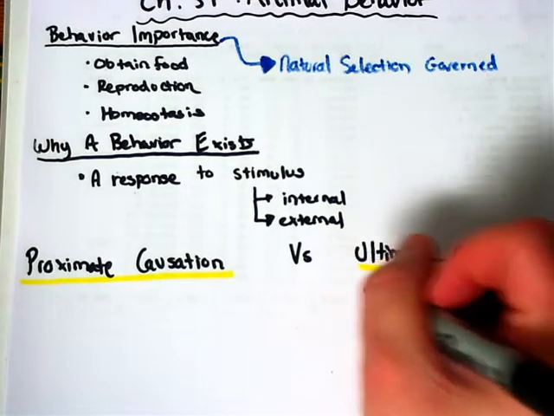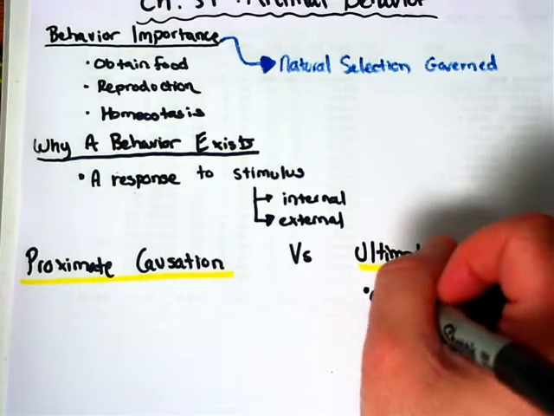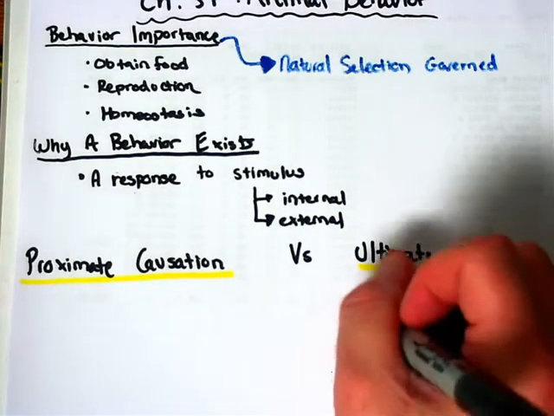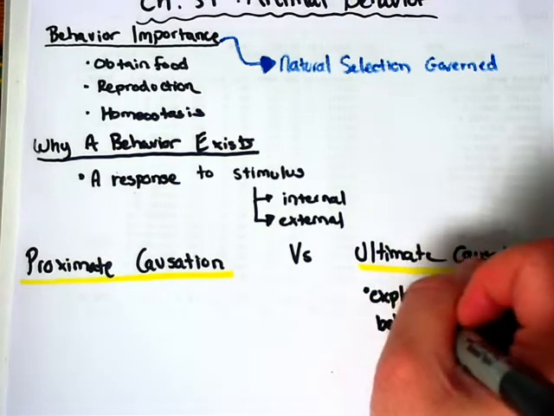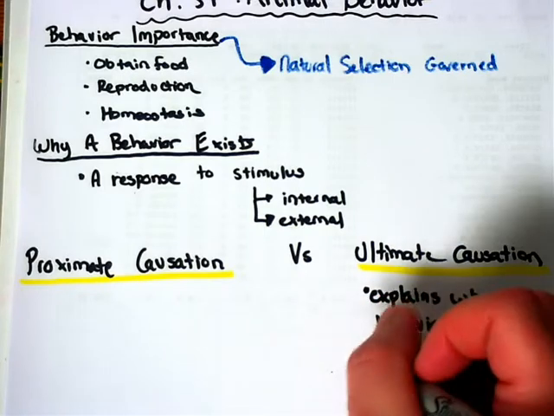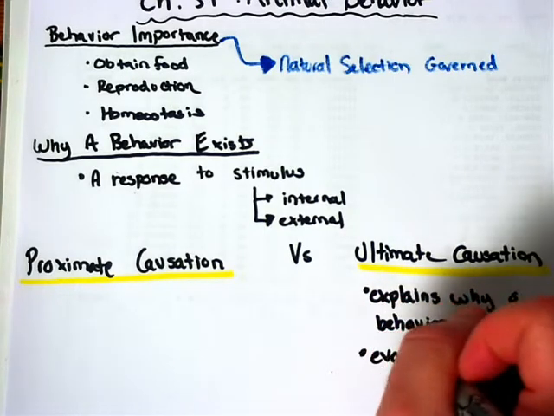So ultimate causation is an explanation of why a behavior occurs. It really helps to explain the evolutionary significance of the event.